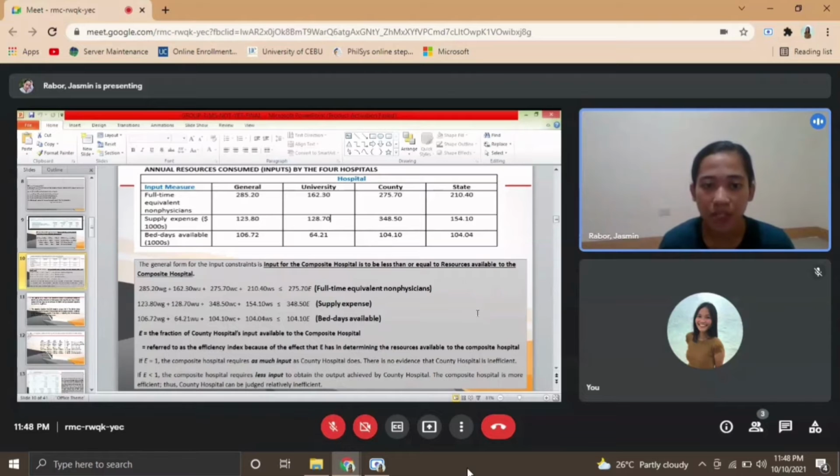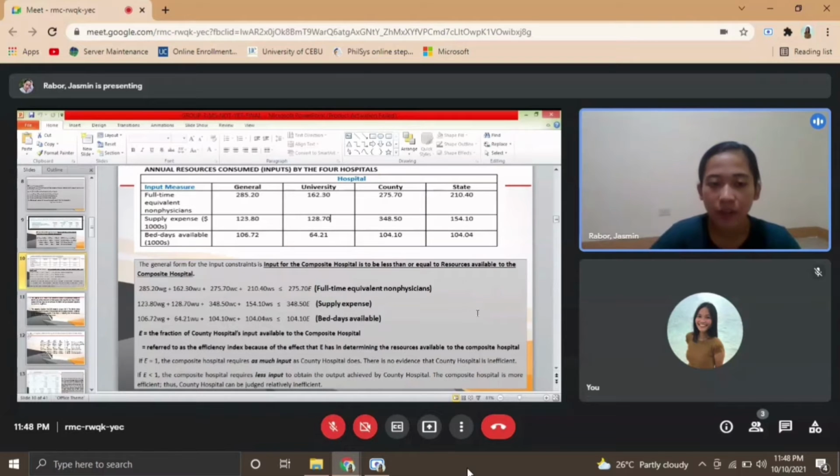Supply expense: 123.80 for general, 128.70 for university, 348.50 for county, and 154.10 for state. Bed days available: 106.72 for general, 64.21 for university, 104.10 for county, and 104.04 for state.